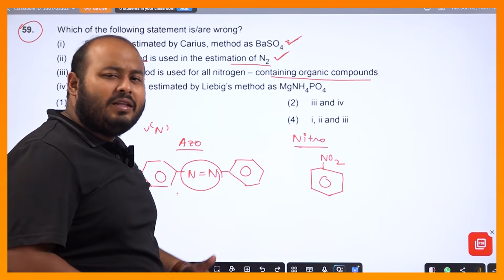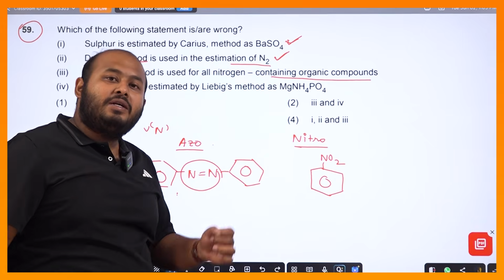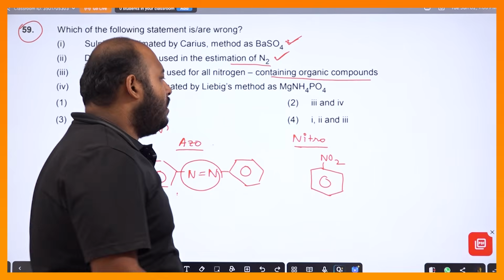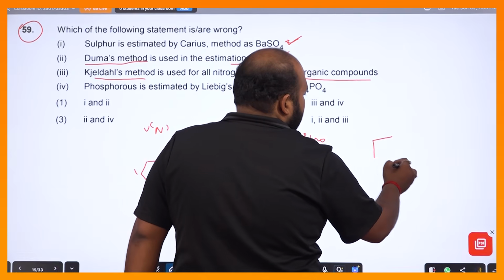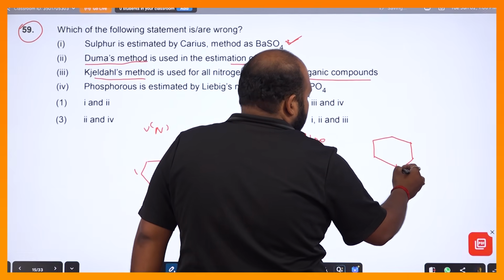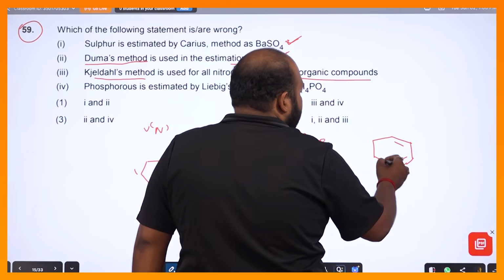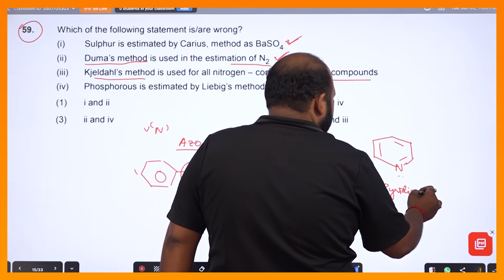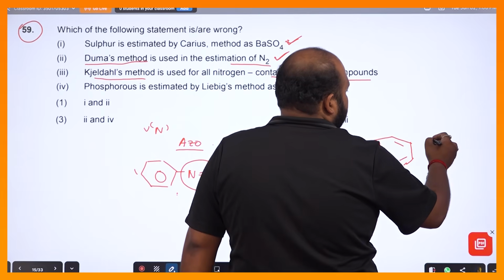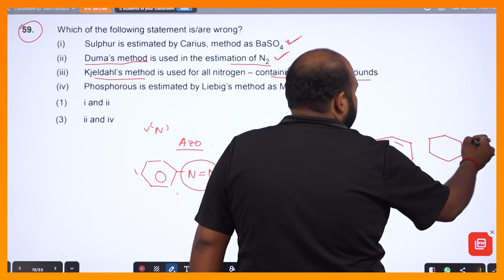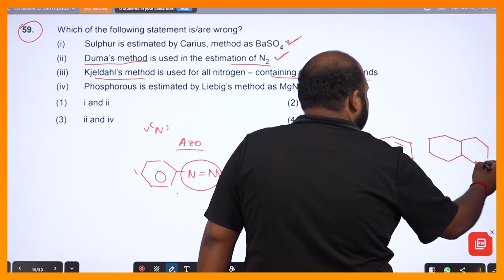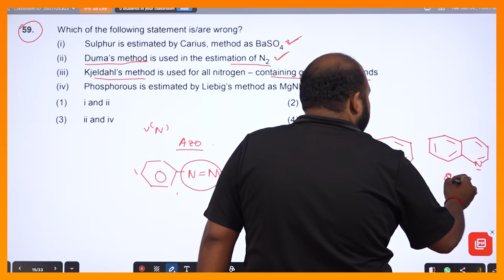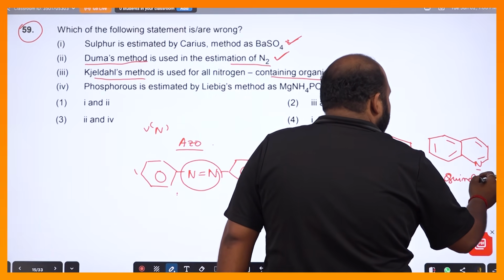if it is present as a nitro group. Some other cases, like if the nitrogen is present inside a ring, suppose pyridine, in case of pyridine, or this is quinoline.